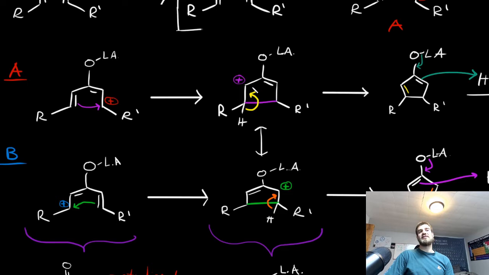If this stabilizes the positive charge, then you get this molecule with the cation on the right side. And you can notice that if you started with B as your resonance form and attacked from the right side to the left side cation, you get this. So these two are equivalent and are in resonance, so it doesn't matter.